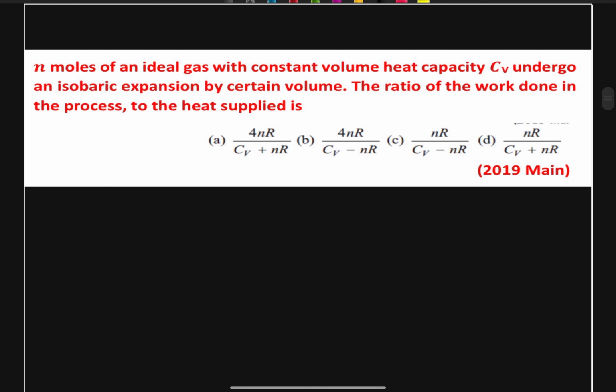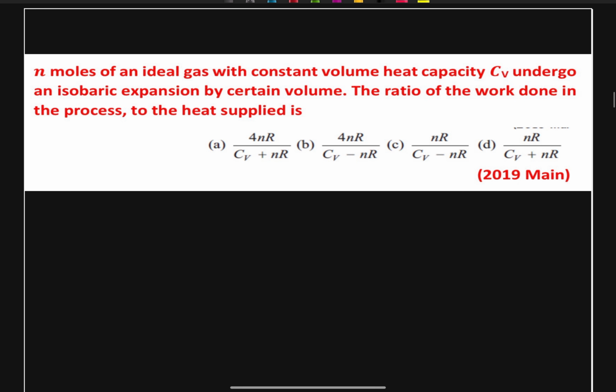It states that n moles of ideal gas with constant volume heat capacity C of V undergoes an isobaric expansion by certain volume. The ratio of the work done in the process to the heat supplied is. So basically it is isobaric.